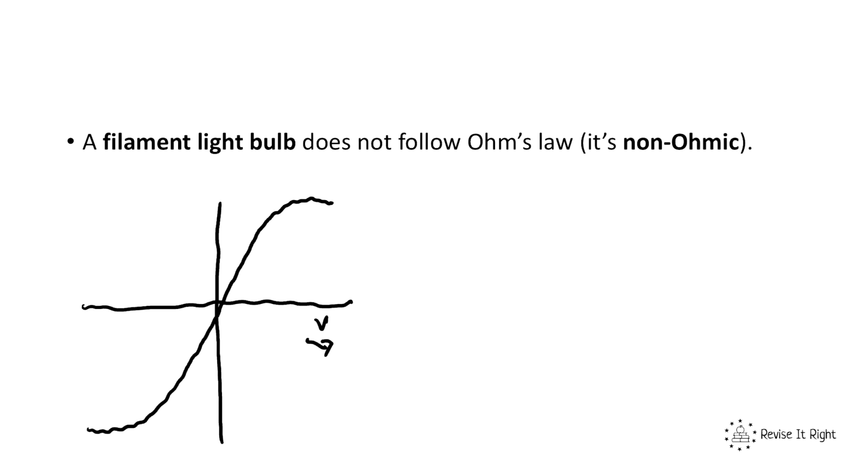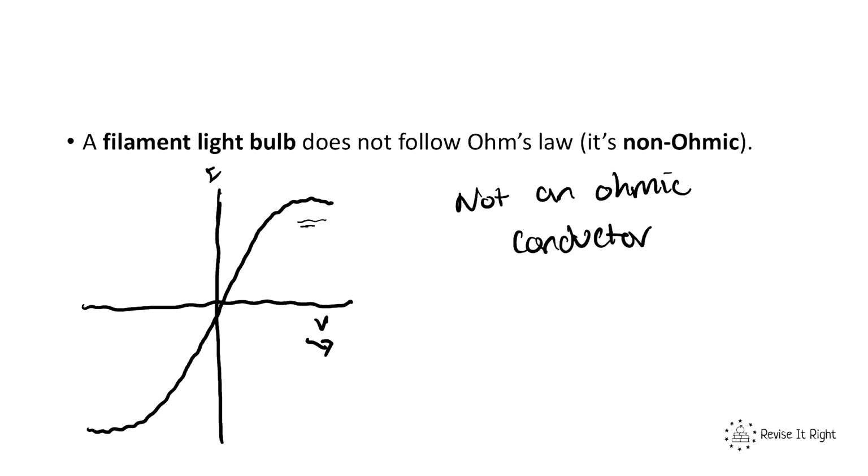And we know that if we increase the temperature, then we're also increasing the resistance as well. So the current will therefore start to slow and it will look like this here. So this is a graph for a filament light bulb, and because it is not a straight line, it is not an ohmic conductor because it does not follow Ohm's law.